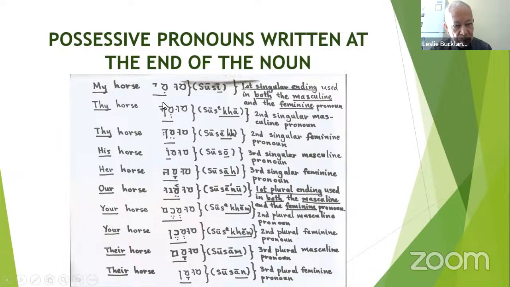So these are the possessive pronoun endings that are placed at the end of a noun and tell us to whom the noun belongs, whether it is my or thy or his or her or our or your or their. It tells us to whom this noun belongs.